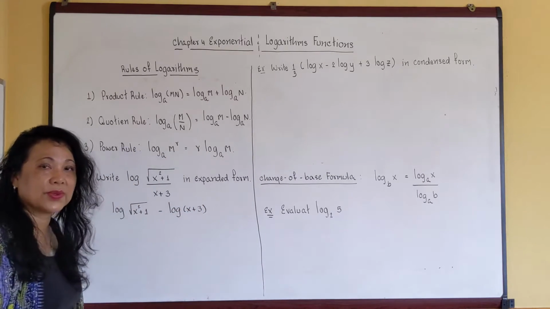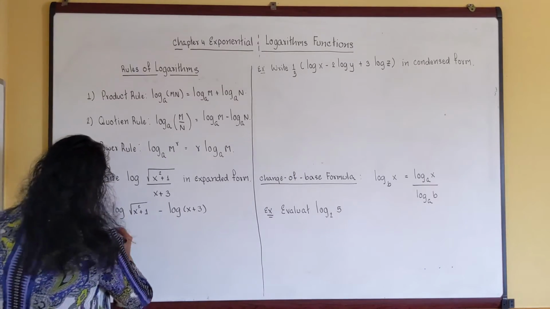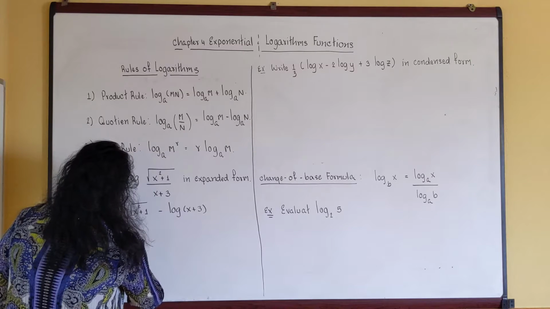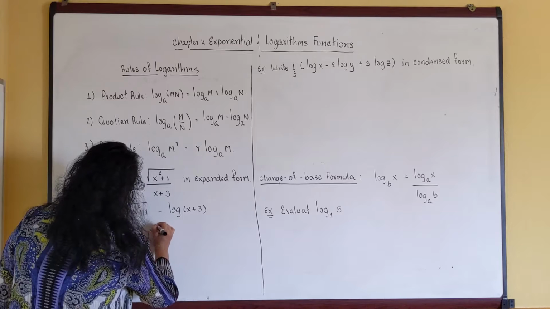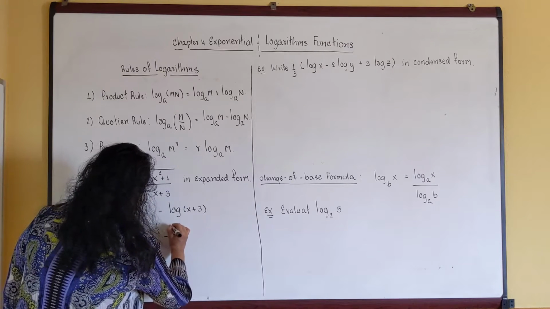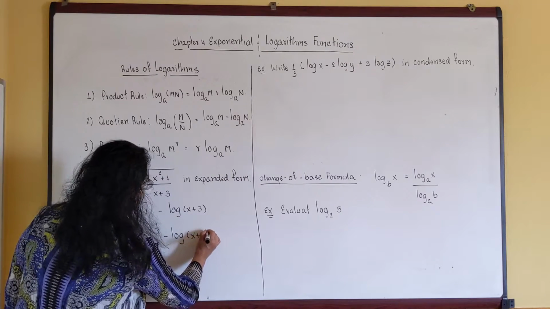That's the quotient rule. Alright, next I'm going to rewrite this as an exponent. So I'm going to have log of x squared plus 1 to the 1/2, minus log of x plus 3.